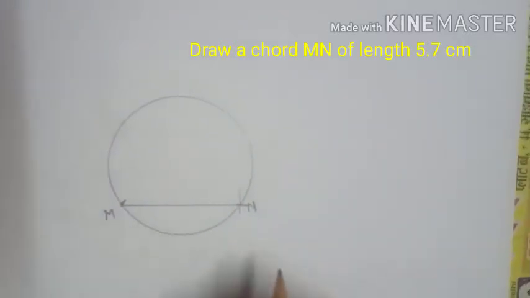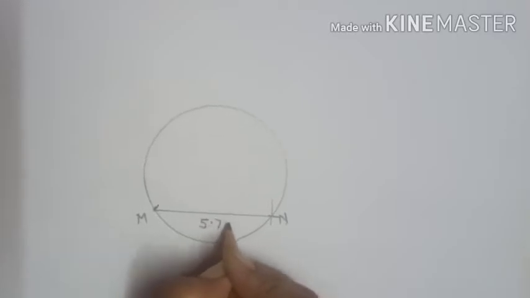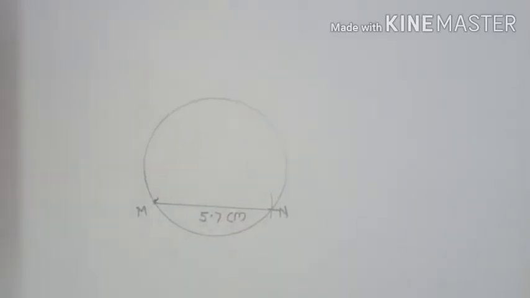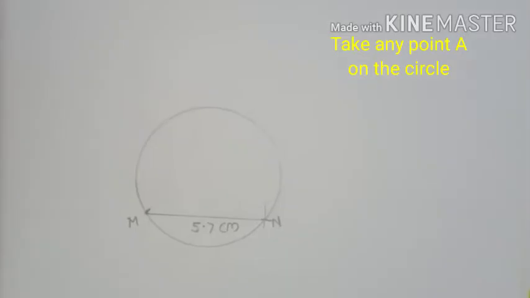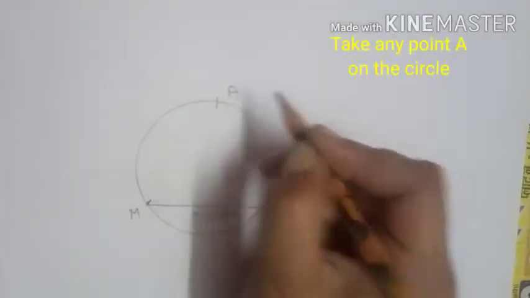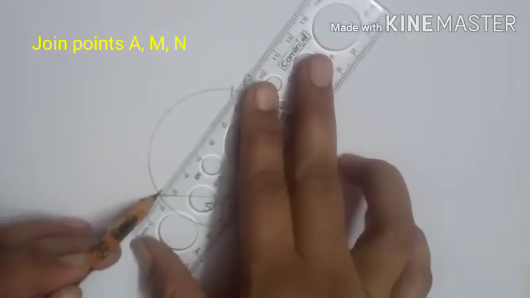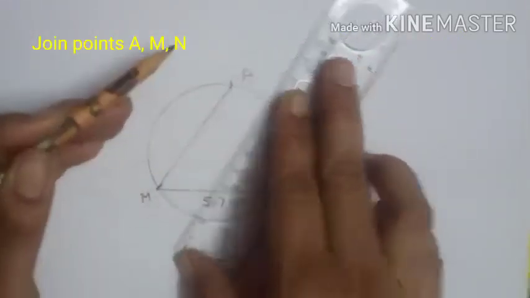Draw tangents at points M and N without using the center of the circle. We will take any point A on the circle. Now join points AM and AN.